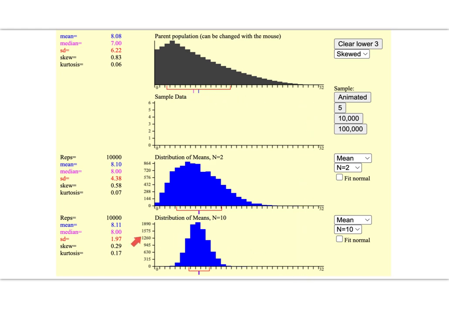When I sample sizes of 10, and I'm doing the mean, now my distribution's looking pretty close to normal. And this is how we developed the idea of the central limit theorem, which says as my sample size increases, my sampling distribution approaches a normal curve. And we actually find through a very rigorous proof that we didn't do in class that n is 30. Once n is at least 30, the sampling distribution is going to be approximately normal.